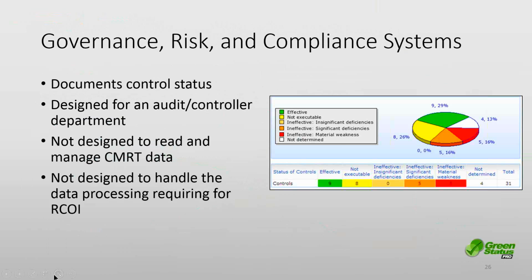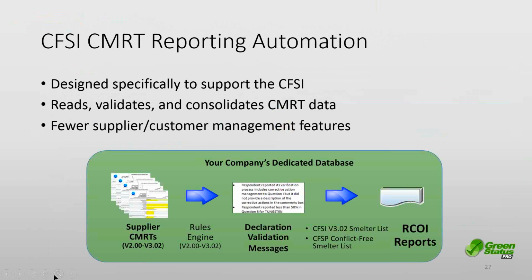And while they're typically meant for an audit or controller department, the issue you have with the CMRTs and conflict minerals specifically is the amount of data that you need to process and push through. It is not designed to handle that. It'll be able to tell you if the policies that you're putting in for your RCOI will be effective, ineffective, or leave you open to any attacks, but they don't have the ability to actually look at the data and really give you the feedback you need.